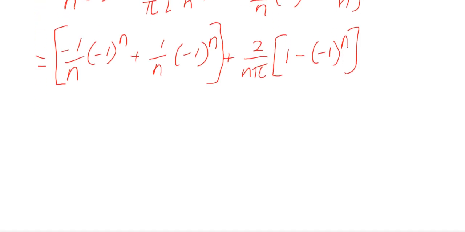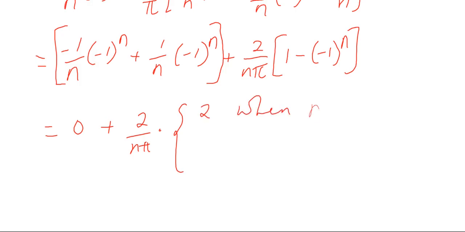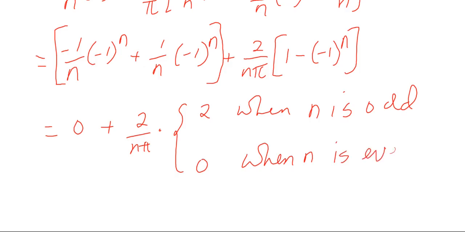So in this case, this will be 0 plus 2 over n pi multiplying the quantity 2 when n is odd and 0 when n is even.